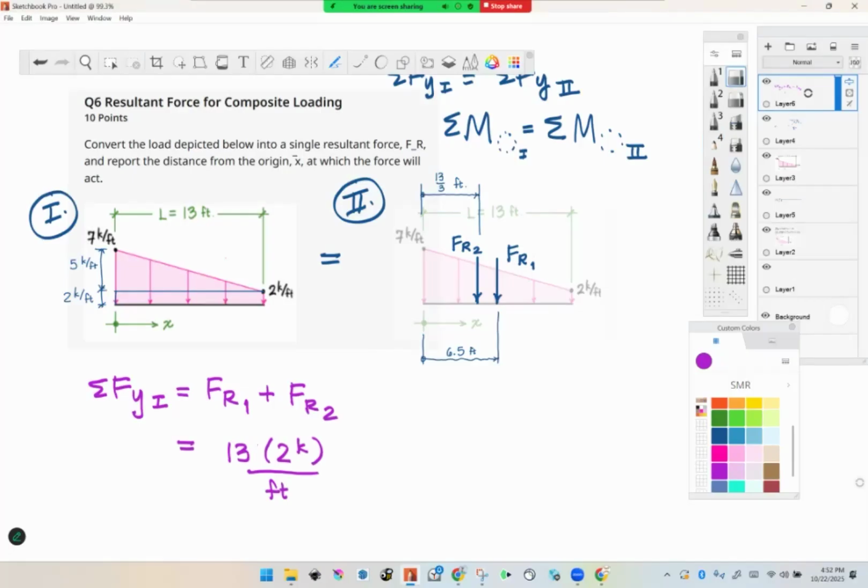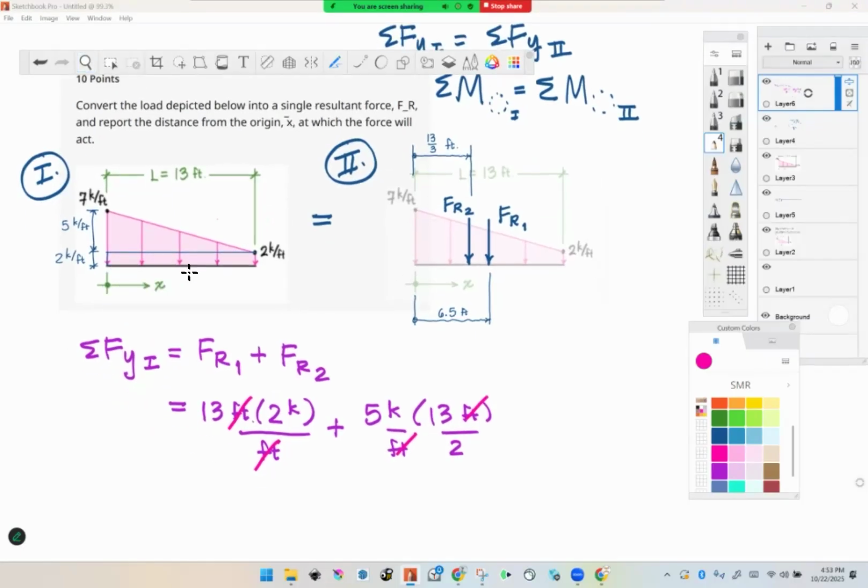And maybe I'm going to do it this way since I'm teaching, so I'm going to write 13 feet just to emphasize that we're going to cancel that. So we've got 13 times 2 kips for that one. And then plus F sub R sub 2. My height of the triangle is 5 kips per foot. The base of the triangle is 13 feet. And then I need to remember to divide by 2.